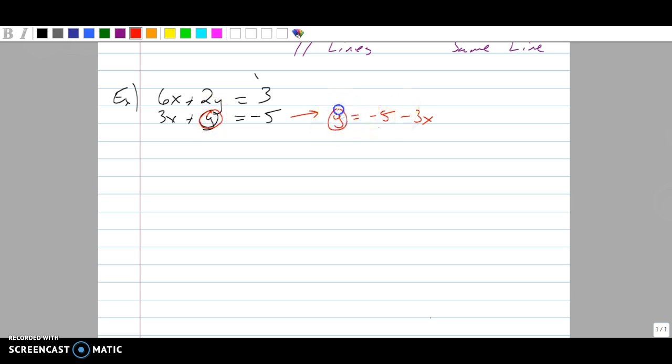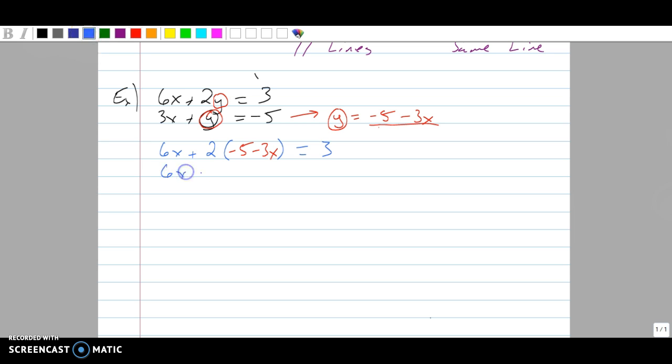We're going to take this y and substitute it into the other equation. So we're going to have 6x plus 2, but we're going to substitute y, is equal to 3. And what's going in for y? The negative 5 minus 3x. So distribute.